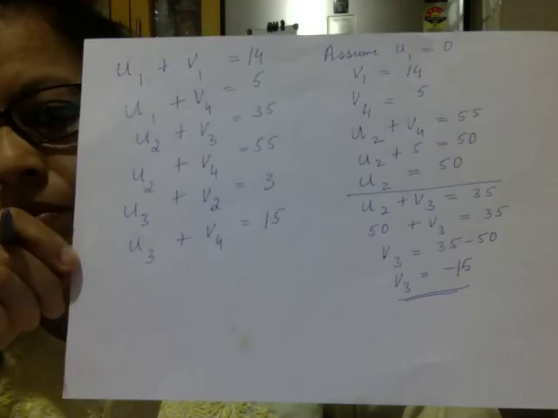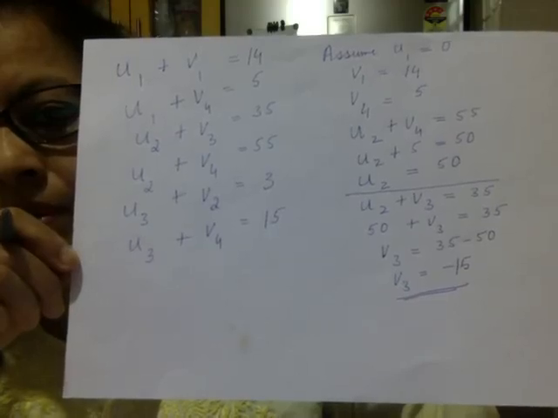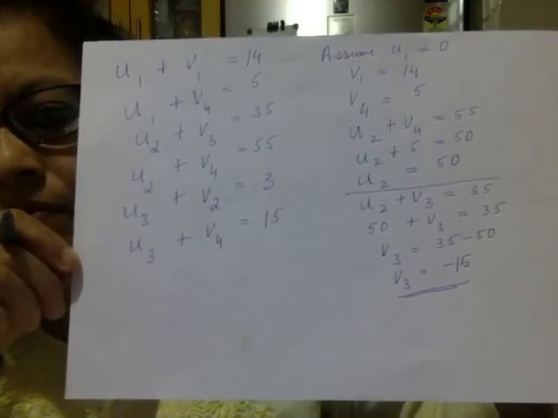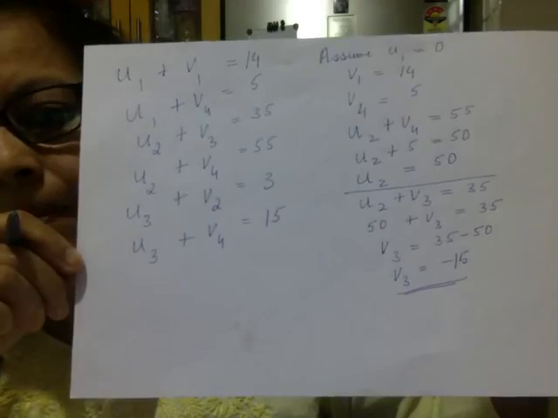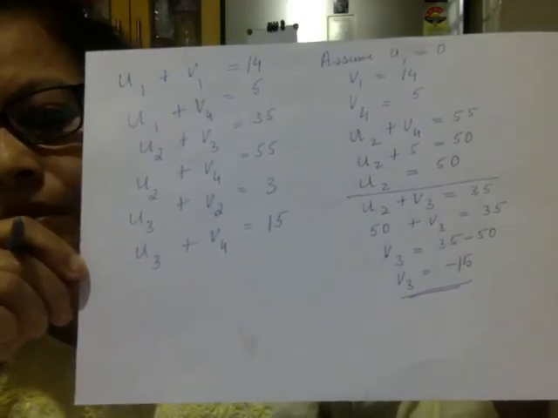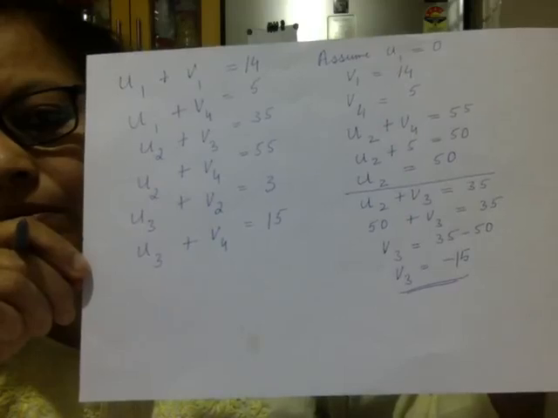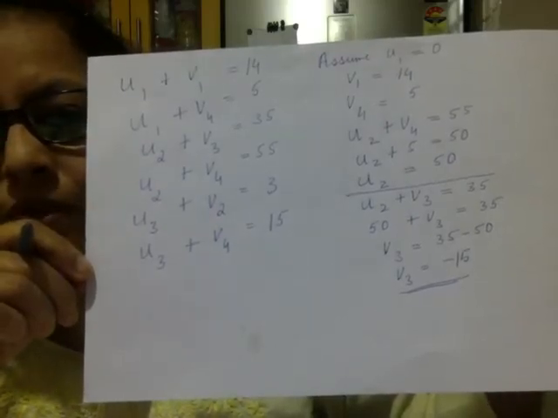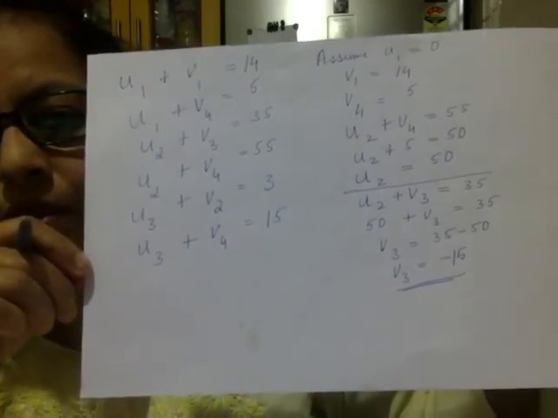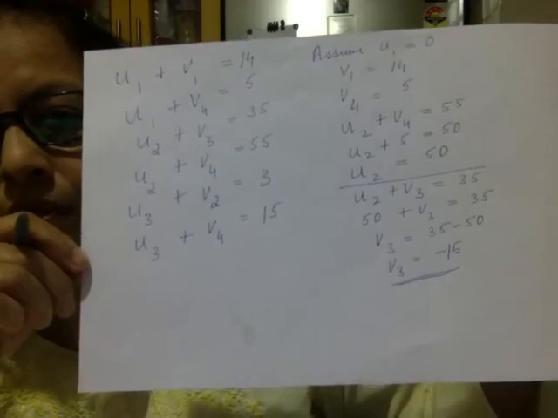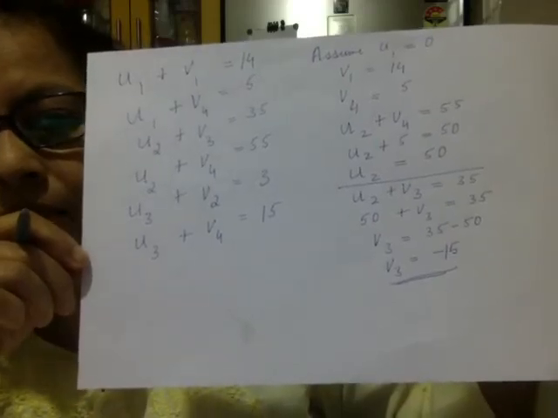Next equation, U2 and V4, we know V4, we know U2 as well. The fifth equation, U3 plus V2. Do we know V2? Do we know U3? No, we don't. So do we know V4? Yes, we do. So we'll tackle the last equation.